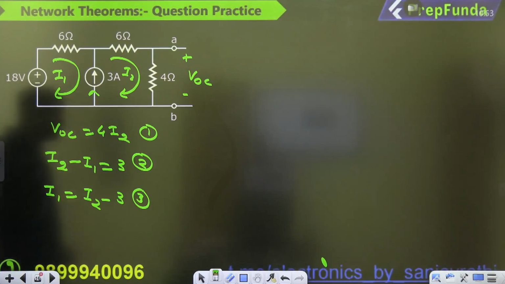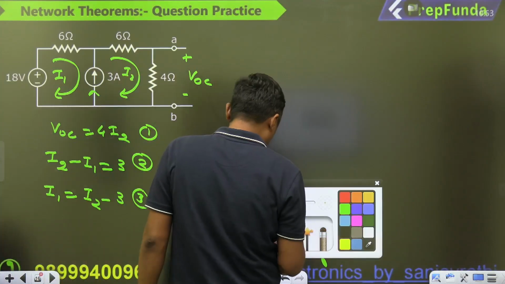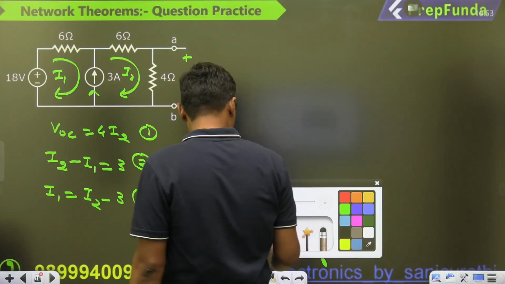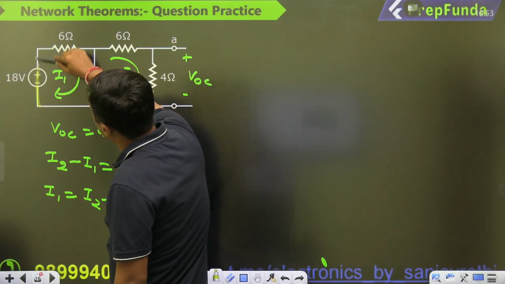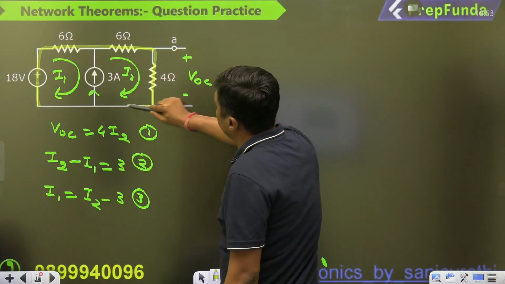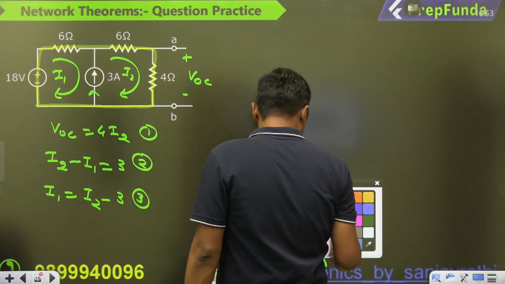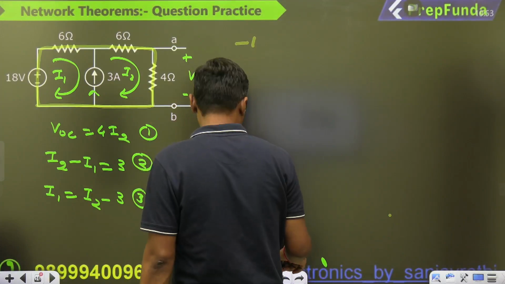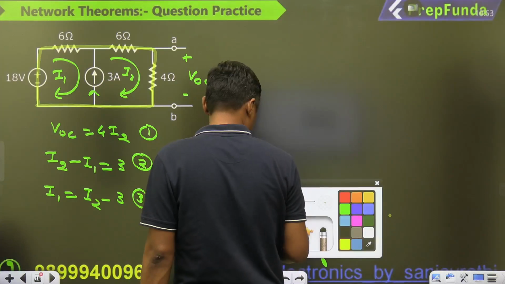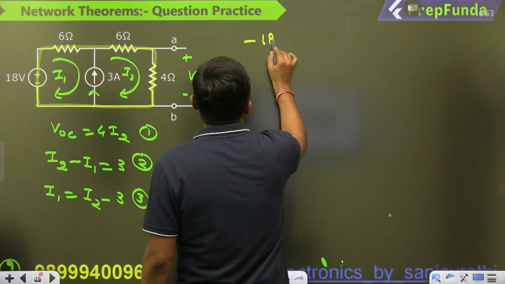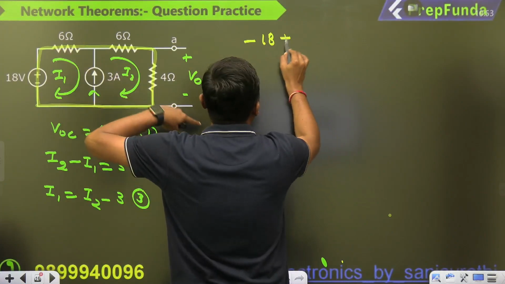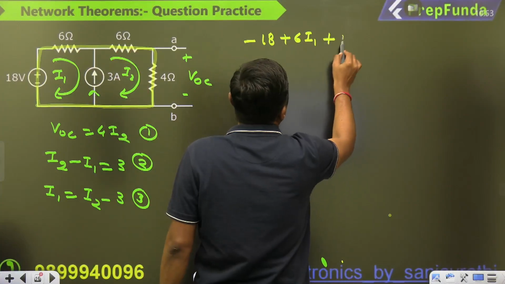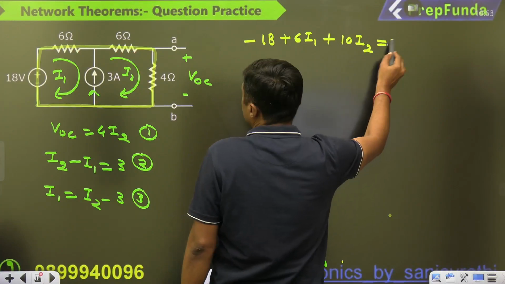Now you can write a super mesh equation. You can directly write a KVL from this point to this point, and that will become minus 18 plus 6I1 plus 6 plus 4, 10 I2 is equal to 0.